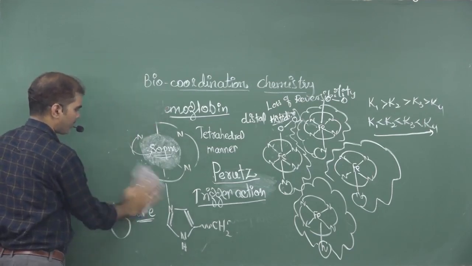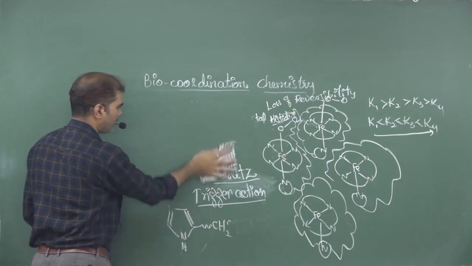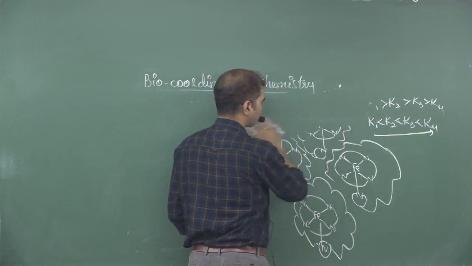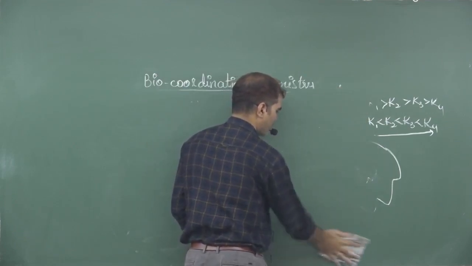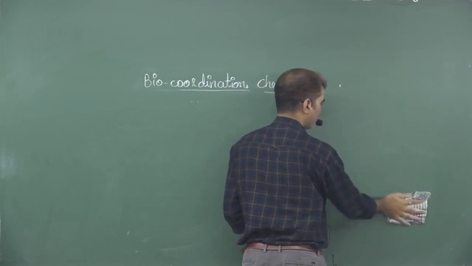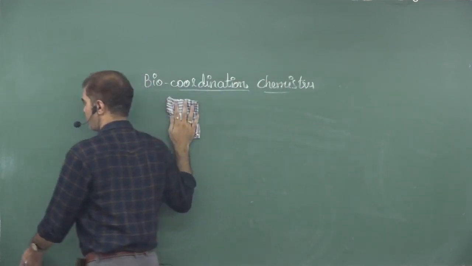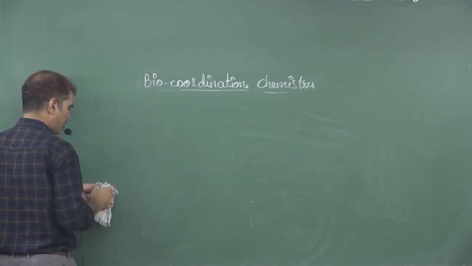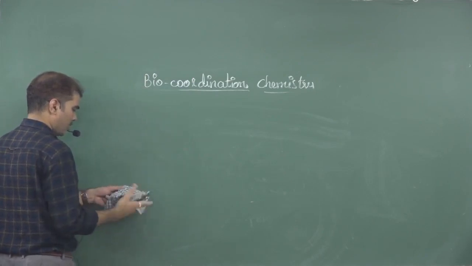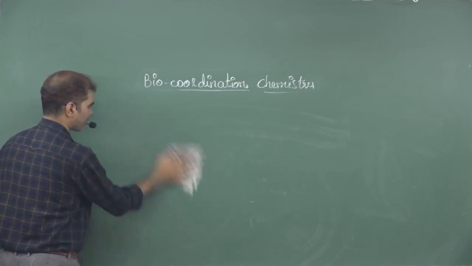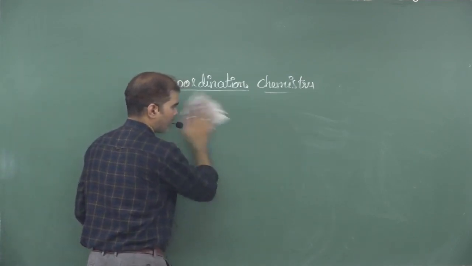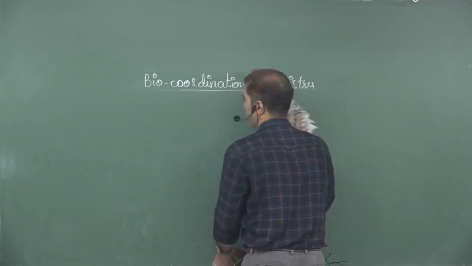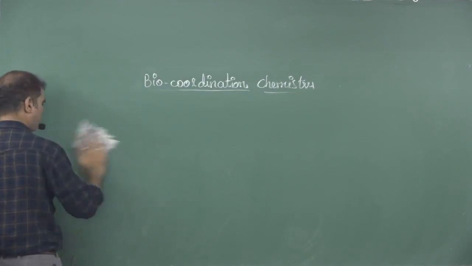80 picometer. Next. The size of high spin iron is around 90 picometer, whereas low spin iron is around 70 picometer.